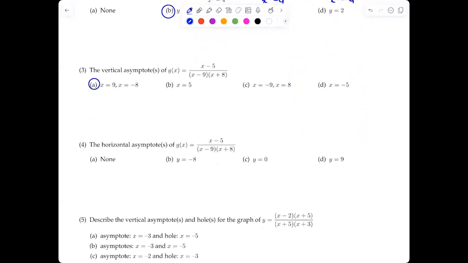C. Right, so y equal to 0. Why is that the case? Because the degree of the polynomial on the numerator is 1, and the degree of the polynomial in the denominator is 2. So therefore, since 1 is less than 2, y is always 0.